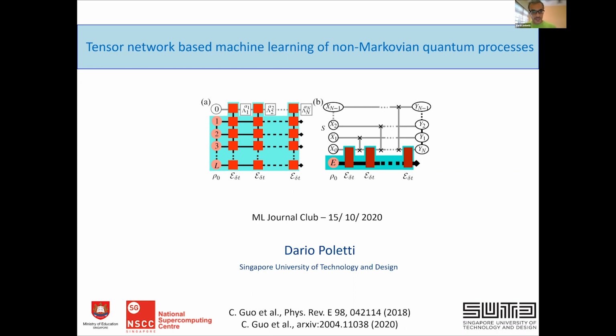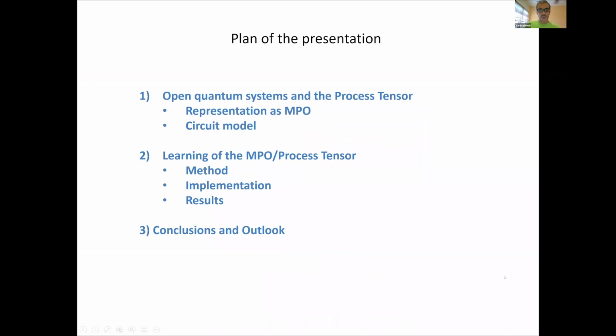Okay, so let's start. I'm going to try to give you an idea of how we want to describe open quantum processes, with this idea of the process tensor, and then how it can be represented as a matrix product operator. I will explain what all of these terms mean, and then a circuit model representation of a generic open quantum process.